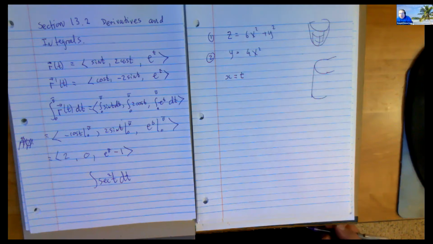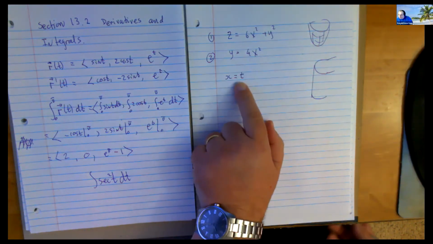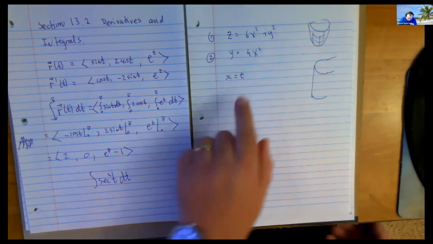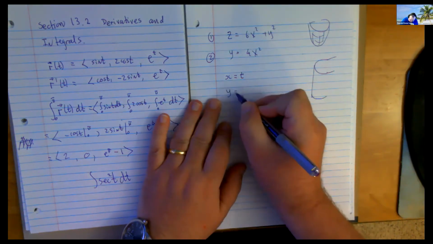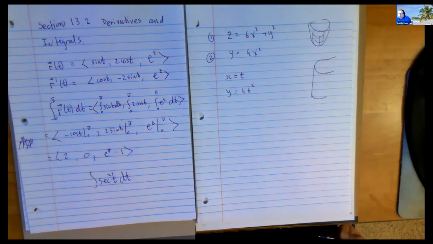I have that much power. But if I make x equals t, which is just really a basic replacement, then won't y now be 4t squared, because x is t? So the only guy that's left now is z, and we're finished.